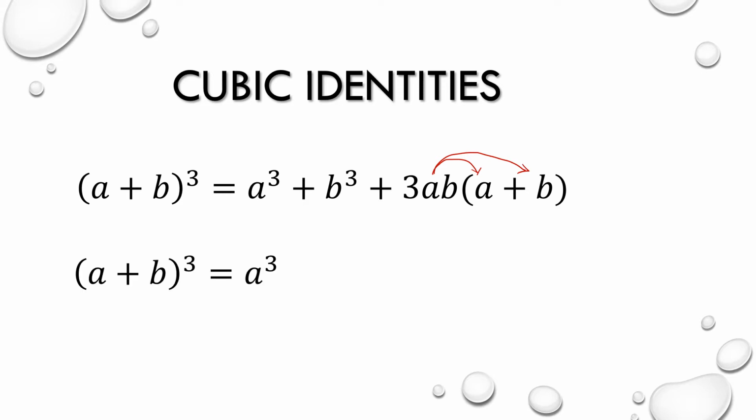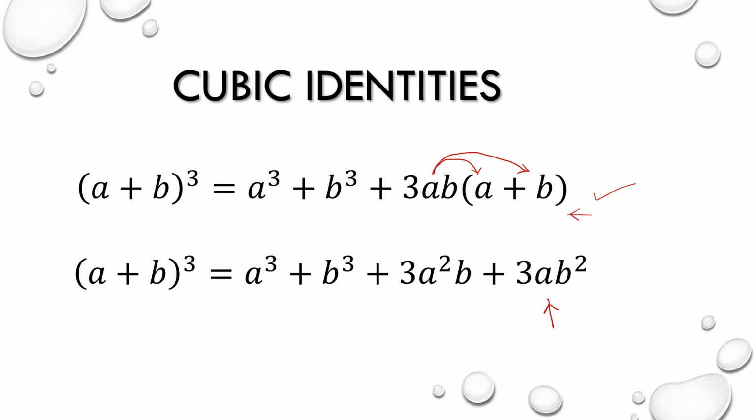So a plus b whole cube can be written as a cube plus b cube plus 3a square b plus 3ab square. So whichever way you want to use, if you want to expand, simplify, or factorize the expression using the cubic identity, you can use this one, or you can also use the simplified one.